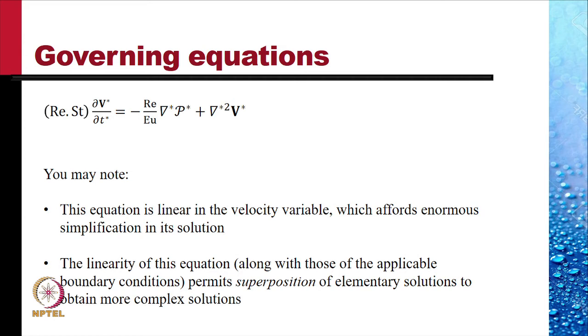You may note that this equation is linear in the velocity variable, which affords enormous simplification in its solution. The linearity of this equation, along with those of the applicable boundary conditions, permits superposition of elementary solutions to obtain more complex solutions.